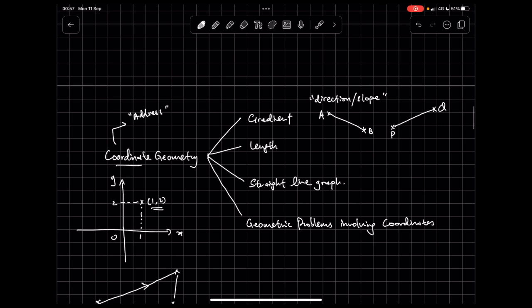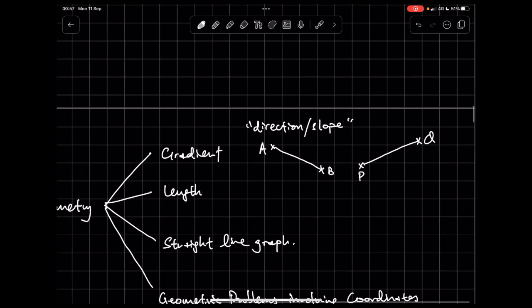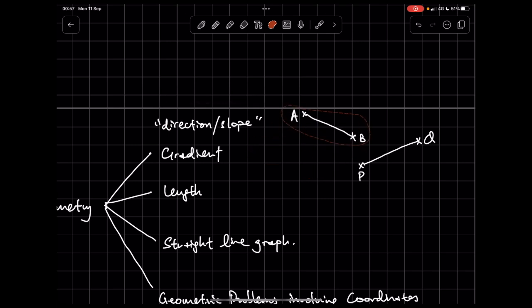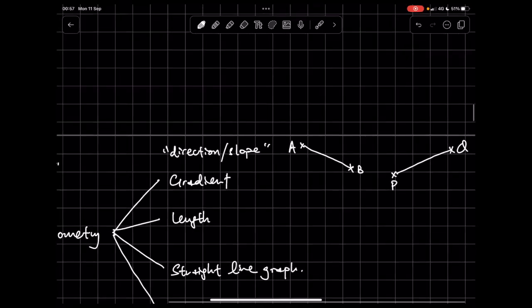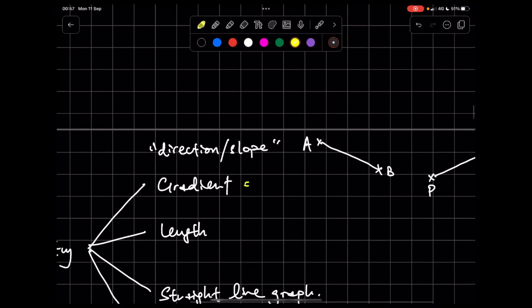Let me just quickly rearrange these things a little bit. So how do we find a gradient? Gradient is given by, let me just write in yellow, y1 minus y2 over x1 minus x2.